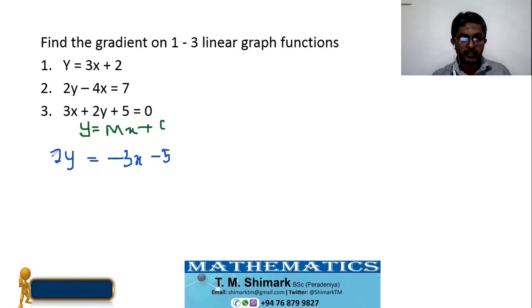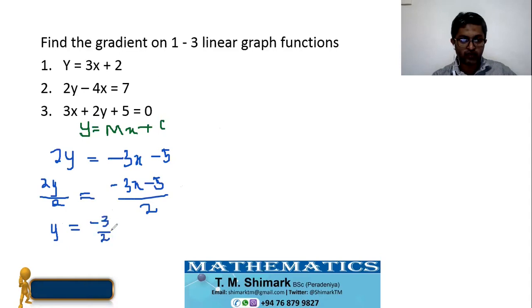So divide the whole equation by 2 because we need y equals something. So 2y divided by 2 and also minus 3x minus 5 divided by 2. That means y equals minus 3 by 2 x minus 5 by 2, right?